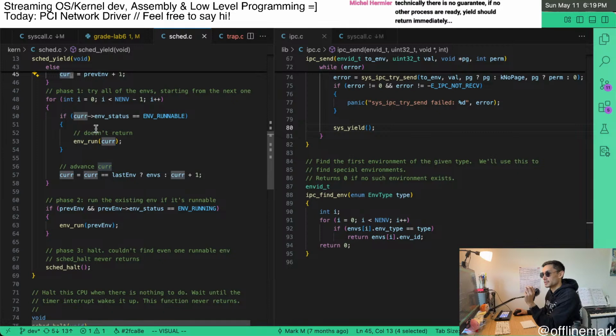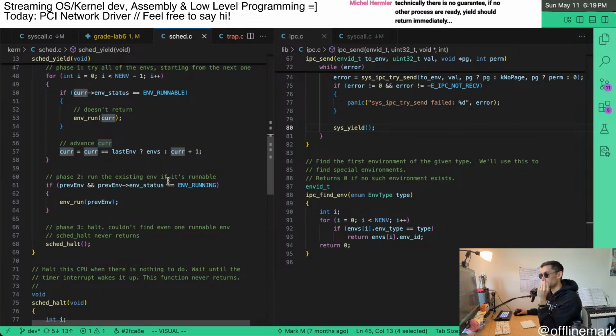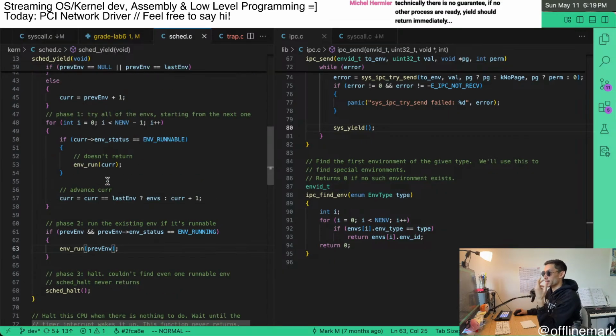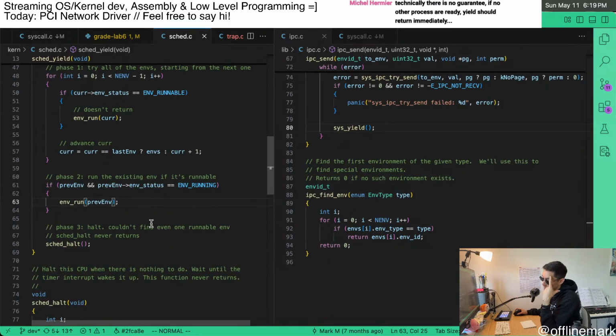Phase 1 is to try all of them and execute one that we find. Phase 2 is, if none of them were runnable, we can drop back into the one that we actually were running, as long as it's still runnable. Otherwise, do a sched halt.